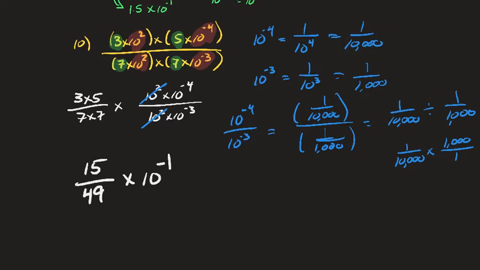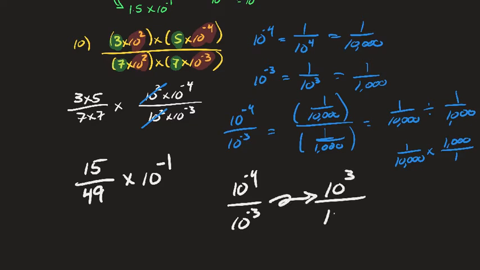The other option is, after you cross out 10 squared over 10 squared, you have 10 to the negative 4th over 10 to the negative 3rd. Anytime you have a negative exponent in either the numerator or denominator, you can flip it to be on the other side. So you could change this to be 10 to the 3rd over 10 to the 4th, both positive.